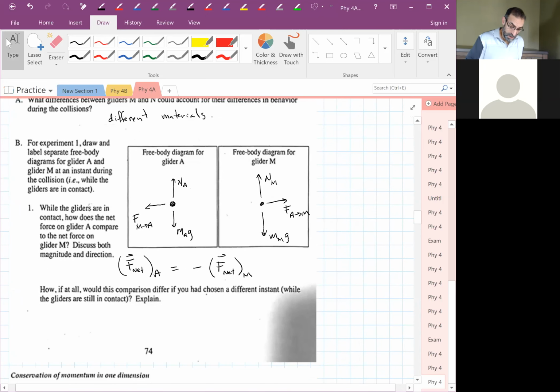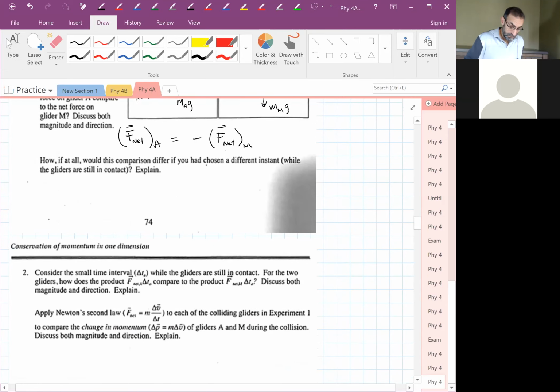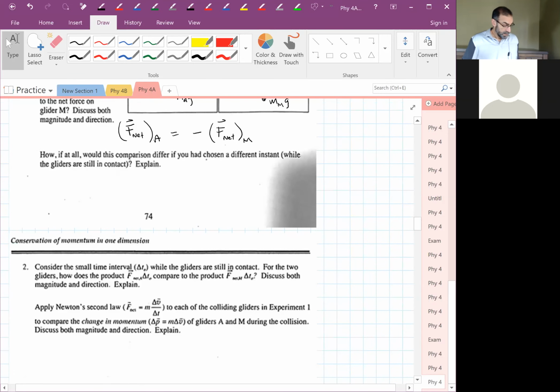I think we answered that. Now they're asking us to consider a time interval while the gliders are still in contact with each other. So it says, how does F net times delta t compare for the two blocks?